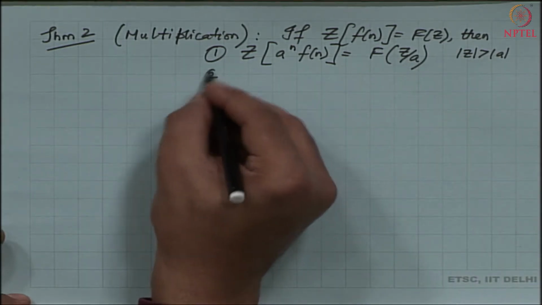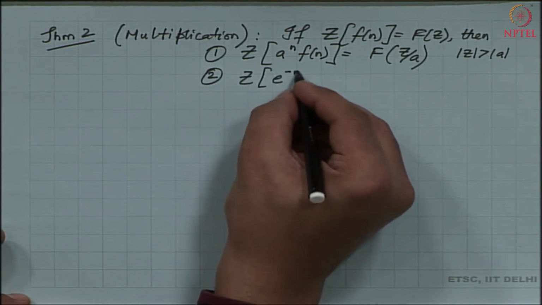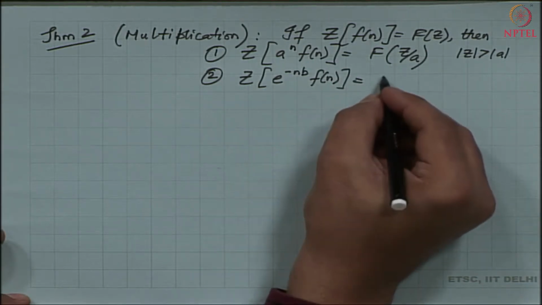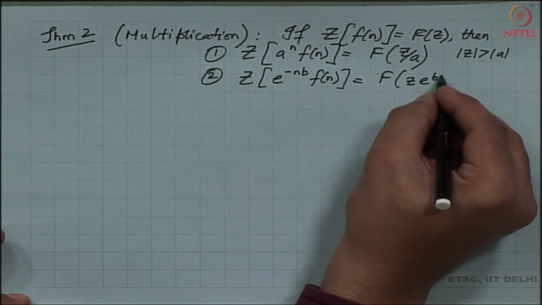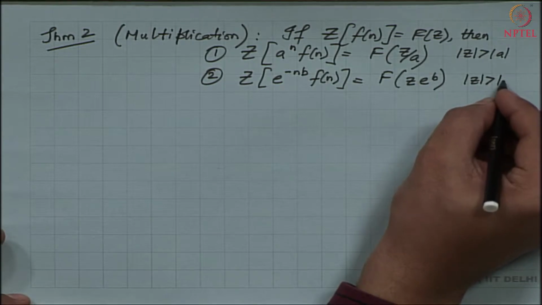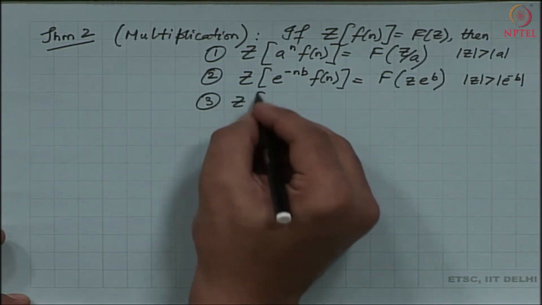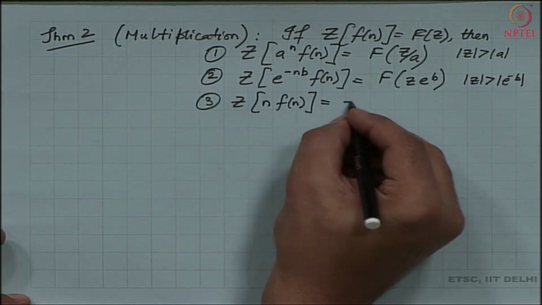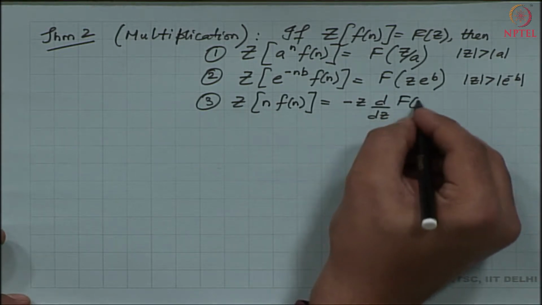The second result is that the Z transform of e to the power negative n b f of n is F of z times e to the power b. This is for all values of z greater than e to the power negative b. And the Z transform of n f of n is negative z d by d z of F of z.